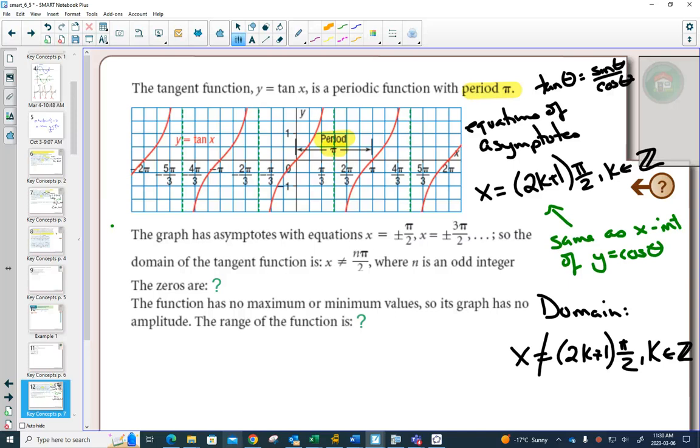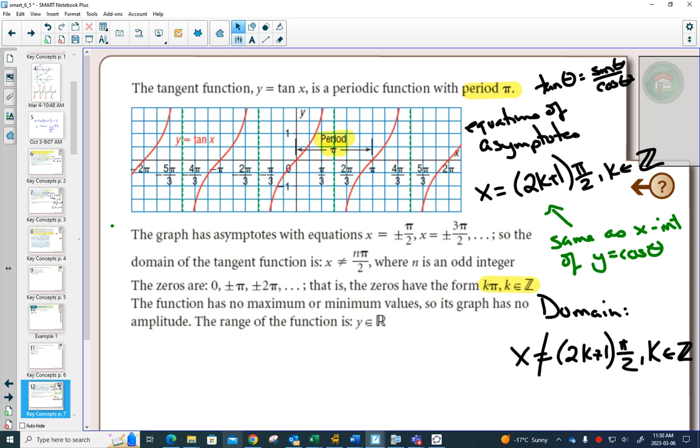And so for our domain, we say x can't equal those. The x-intercepts of tangent are the same as the x-intercepts of sine. So we've got the same form for the x-intercepts of tangent. And since there is no maximum and no minimum, your range of tangent is everything.